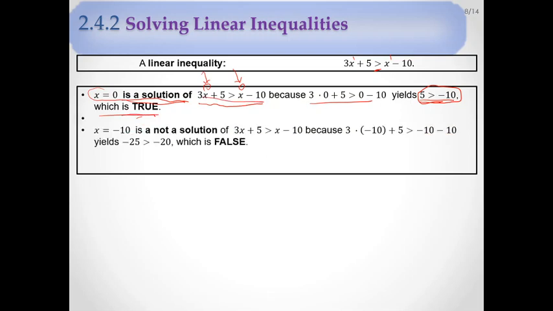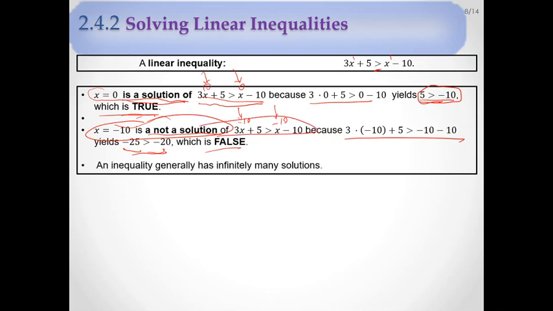For example, -10 is not a solution of this, because when you put -10 here and -10 here, you get -5 bigger than -20. This is not true. This is false. So we say this is not a solution of the inequality. How many solutions are there for an inequality? An inequality generally has infinitely many solutions.